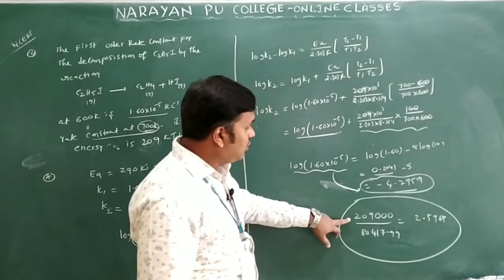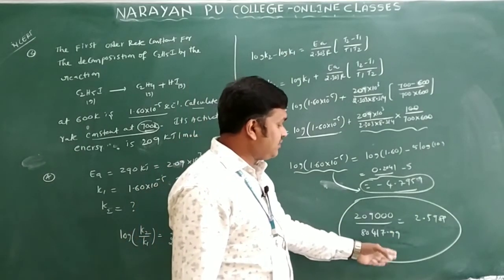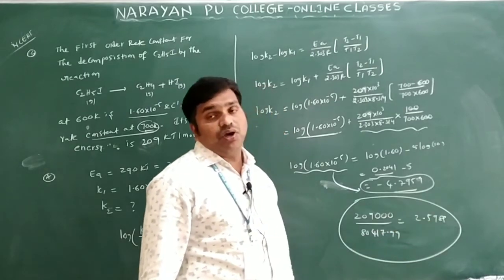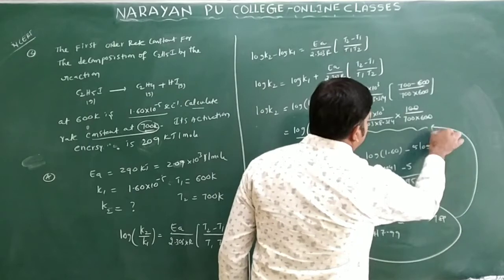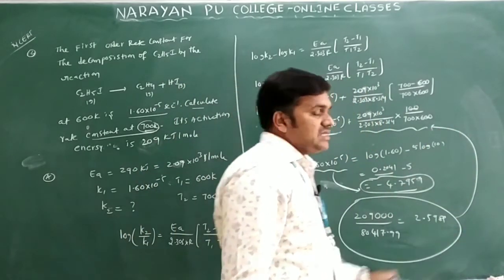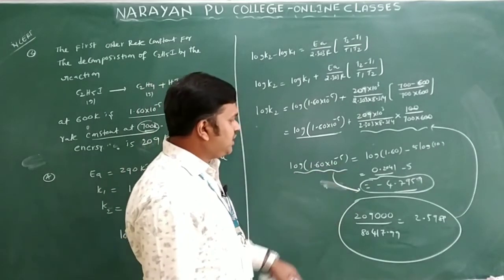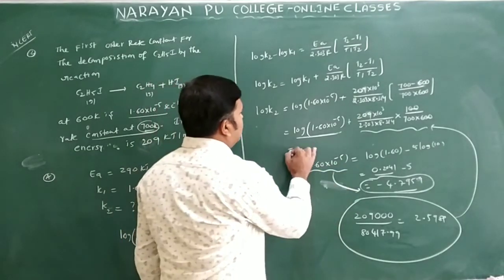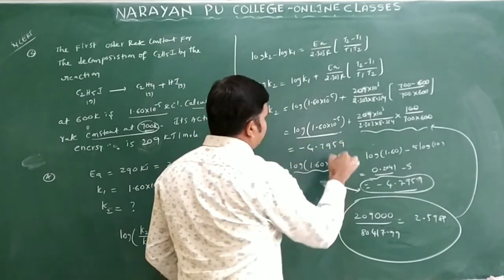So 209 by 8.0418 gives 2.5989. This is the value of this entire term. Clear? Now I want to substitute the values here. Log K1 value, how much did I get? Minus 4.7959.